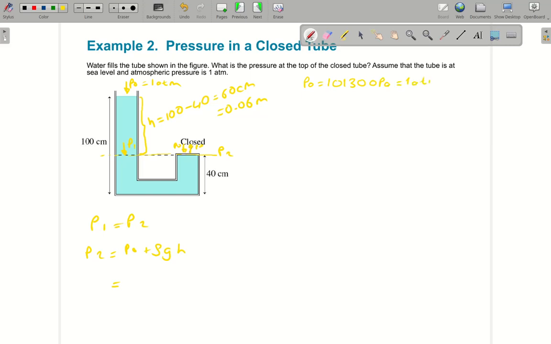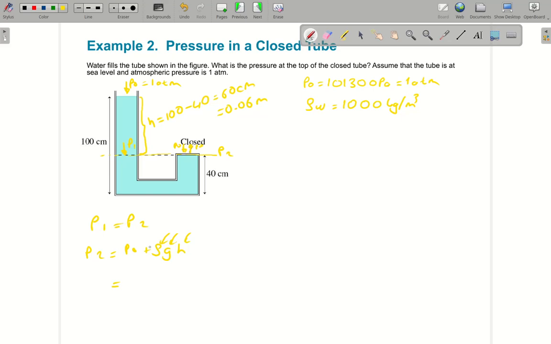I'll input that. Density of water, if it's regular water, not sea or salty water, we take as 1,000 kilogram per meter cube. I'm going to input these values, with the h I calculated, and I'll find pressure 2 on the right.